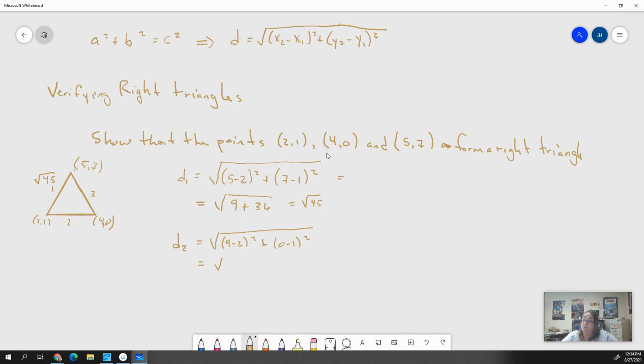When I square it, it's 4. 0 minus 1 is negative 1, but when I square negative 1, it just becomes positive 1. So I wind up with the square root of 5. So we know that this distance now is the square root of 5.